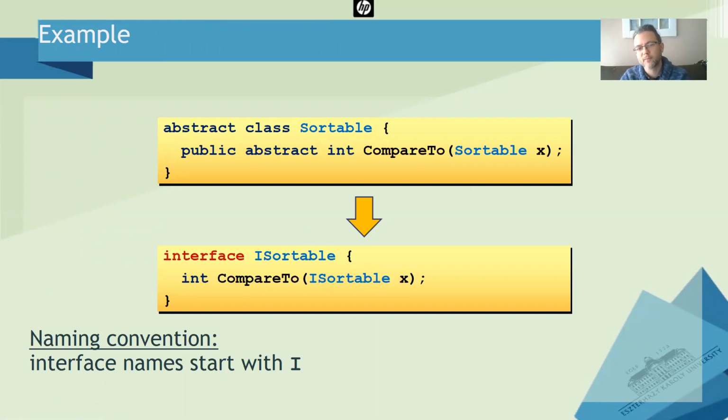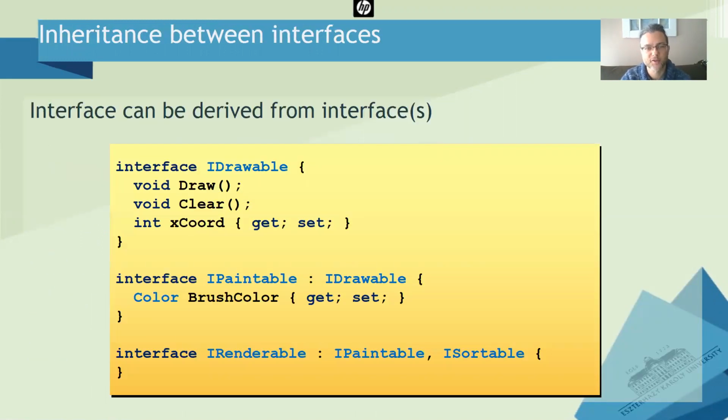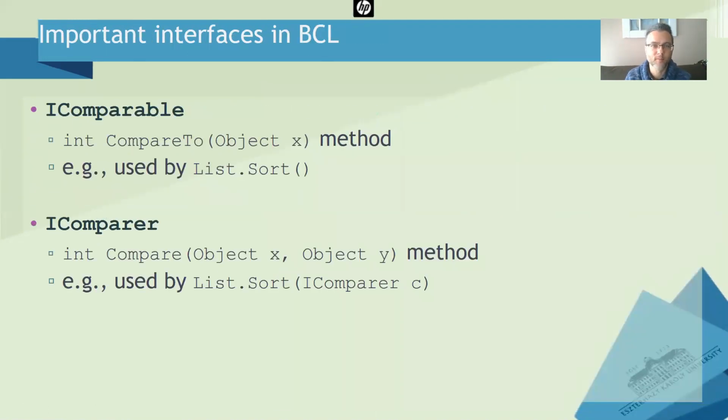So the work I did here was completely unnecessary, because there already exists such an interface in the .NET Framework. It's called IComparable, so I could use it. There is no need to implement my own similar interface.